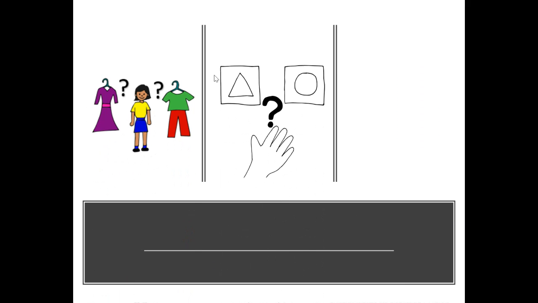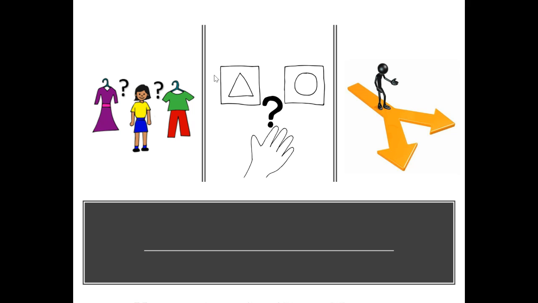And here's our last group of pictures. What do you notice or see? I notice or I see. Well, in the first picture, it looks like a girl is trying to decide if she wants to wear the purple dress or the green shirt and red pants.